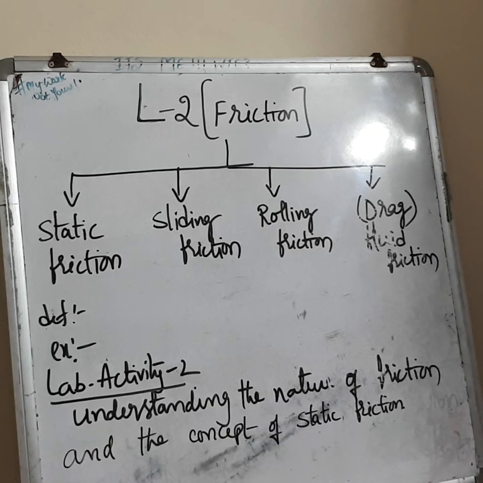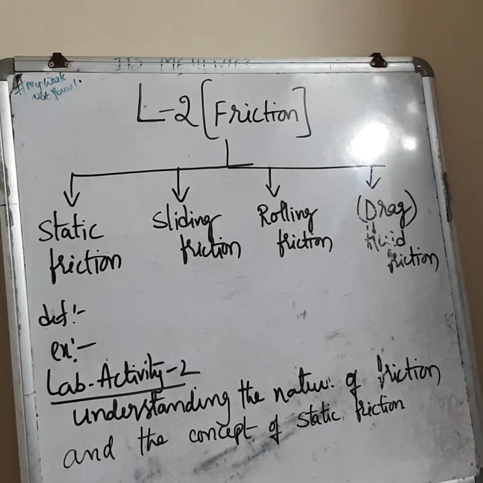Due to this interlocking, the object does not move. Here, friction is caused by the irregularities on the two surfaces in contact. The irregularities on the two surfaces lock into one another when we attempt to move.